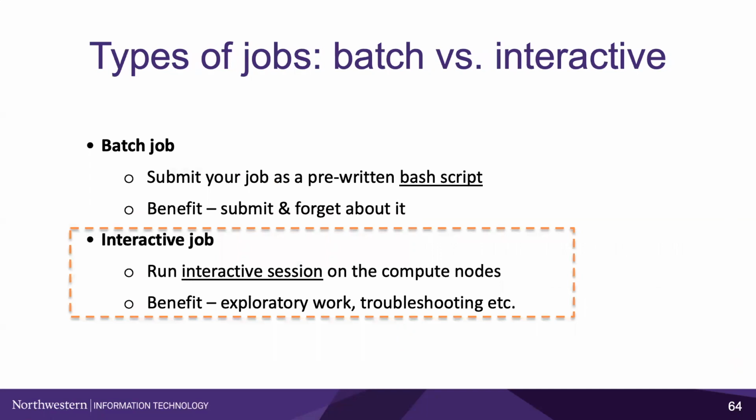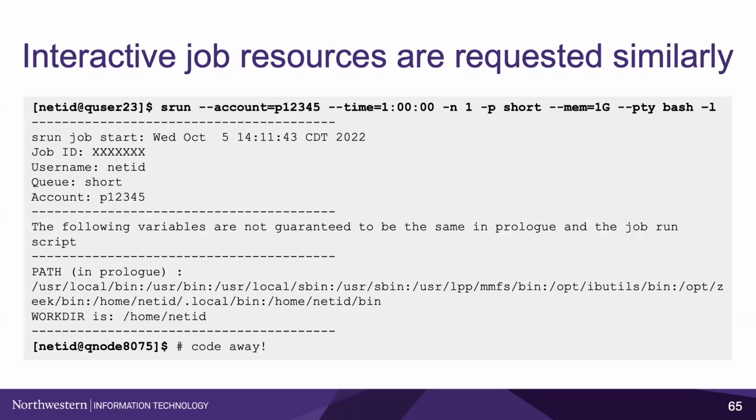All right, so that was a walkthrough of how to set up your bash script. And in the next couple of slides, I want to highlight how all this can be transferred to submit an interactive job. Most things can be translated.